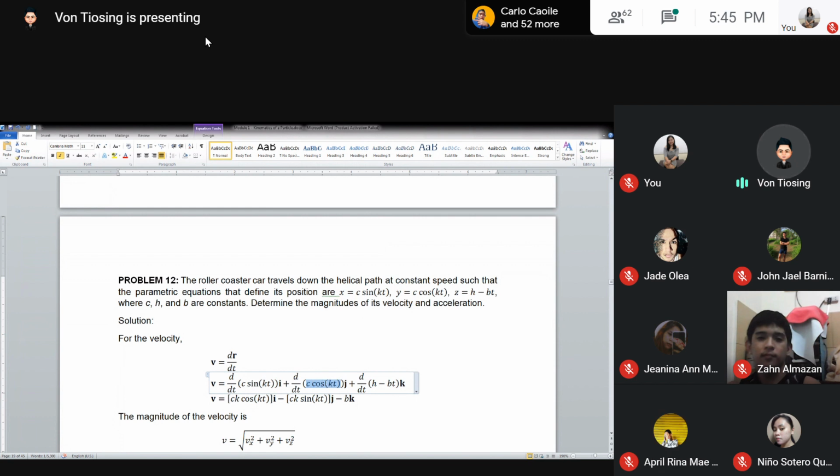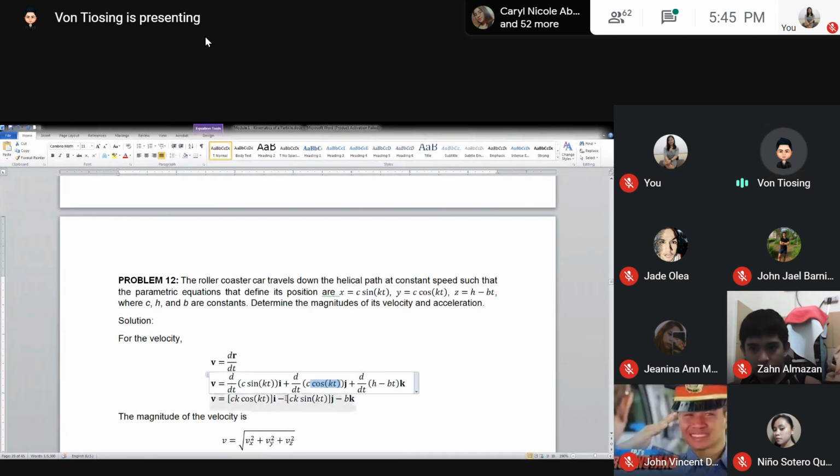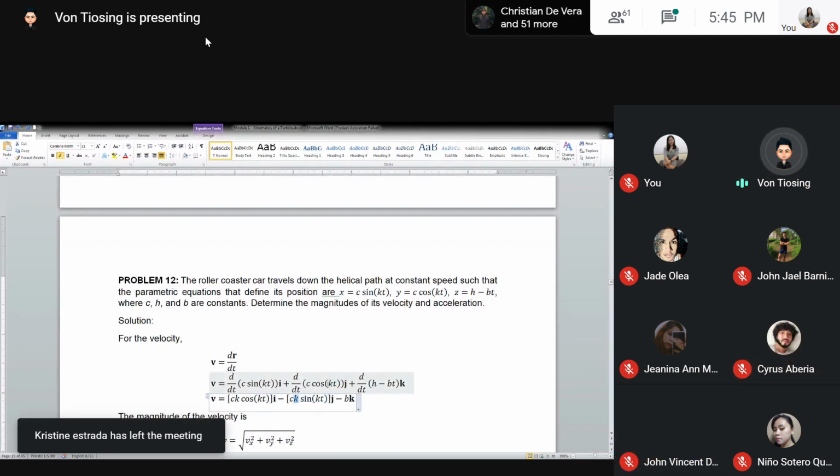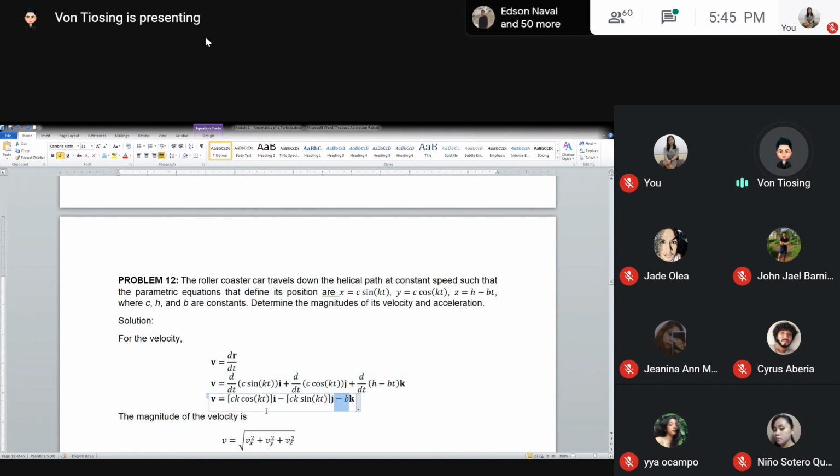Next, the derivative of c cosine of kt is equal to what? C, dahil constant siya, no? The derivative of cosine of kt is negative sine of kt. And again, by chain rule, the derivative of kt is equal to k. And then the derivative of h minus bt is negative b. Okay? So times k. Yan yung basis vector sa z, no?